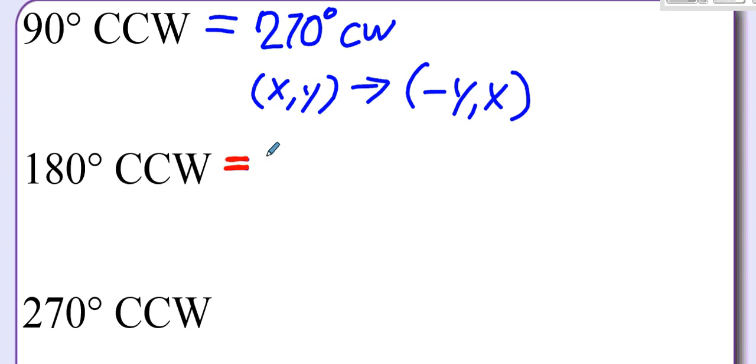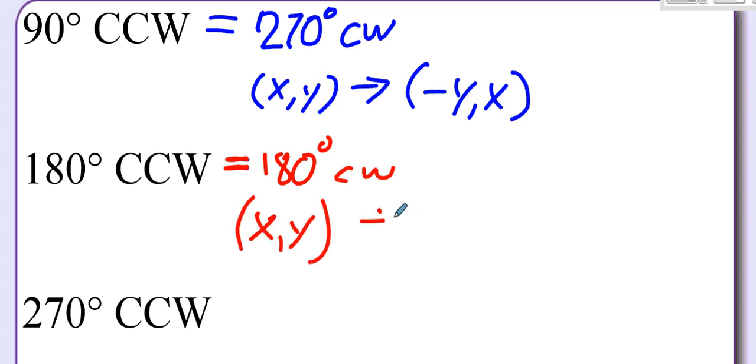180 degrees, it doesn't matter which direction you go, clockwise or counterclockwise, it's the same 180 degrees. And that's XY goes to negative X, negative Y. Just change the signs.